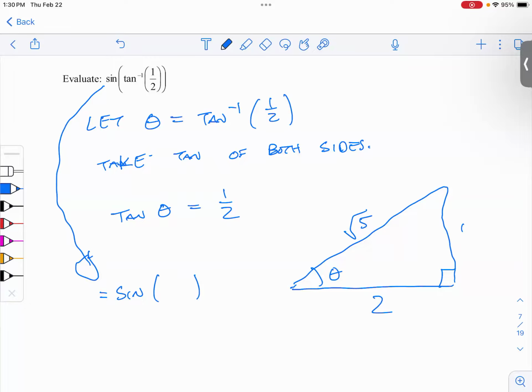Let theta equal tan inverse of 1/2, this becomes sine of theta. Right? We had a substitution to create. So then all I have to do, what is sine of theta? There's my triangle. 2 over root 5.